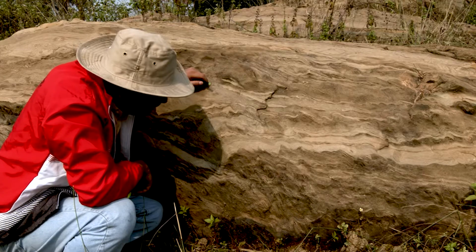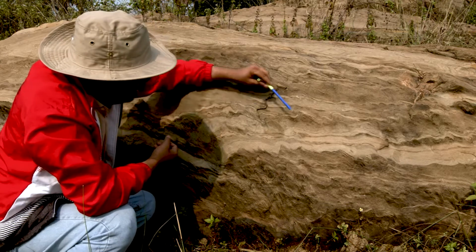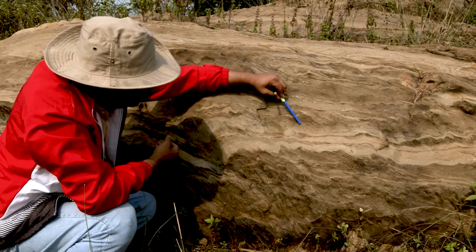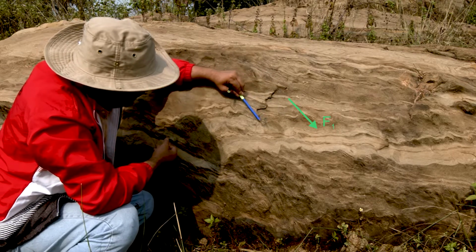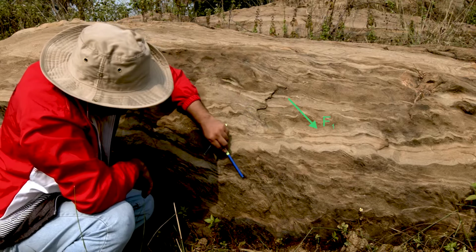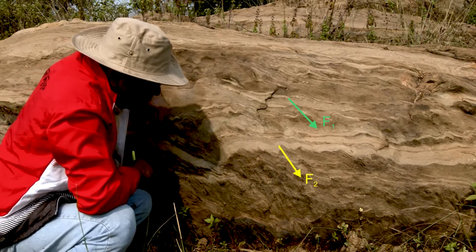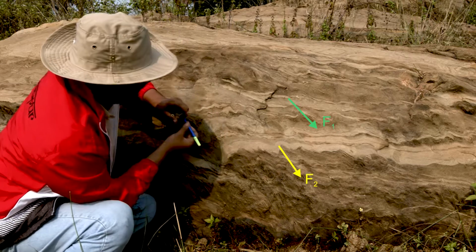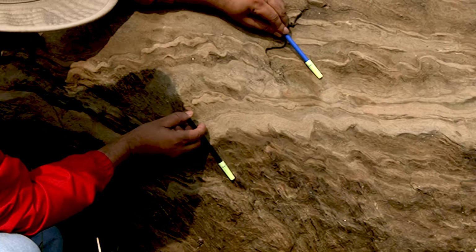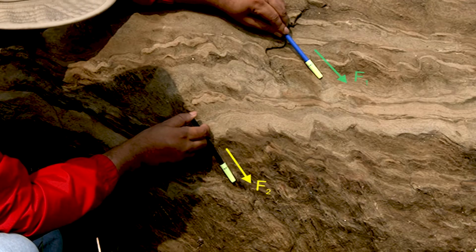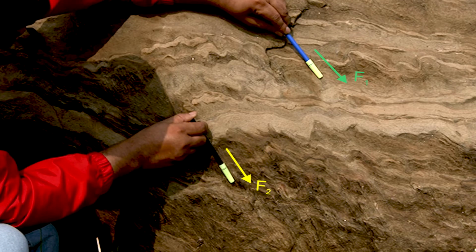What we further see here, that we have identified F1 is this way, this is the F1 fold axis, and crenulations are also in this manner, and therefore we can conclude that this one was our F1 and this one is F2, and we clearly see that they are parallel to each other.